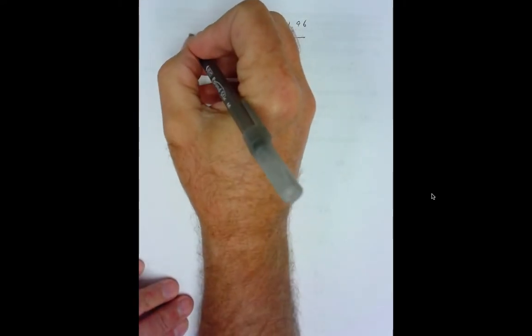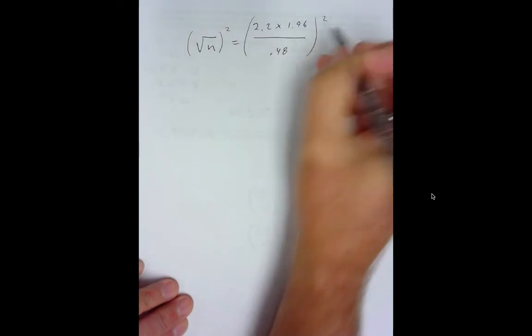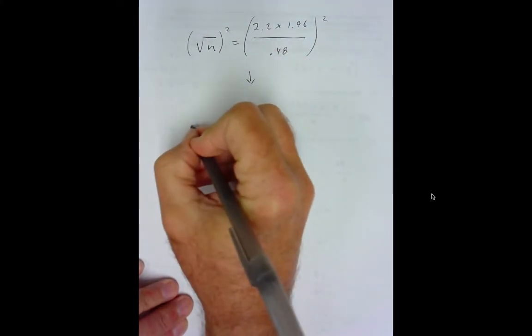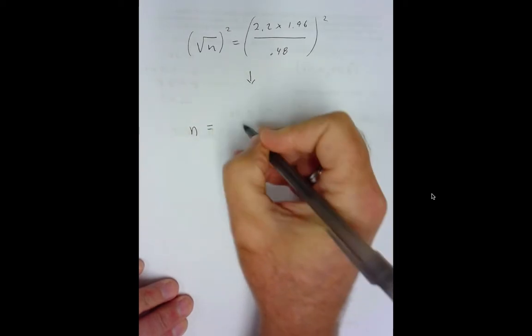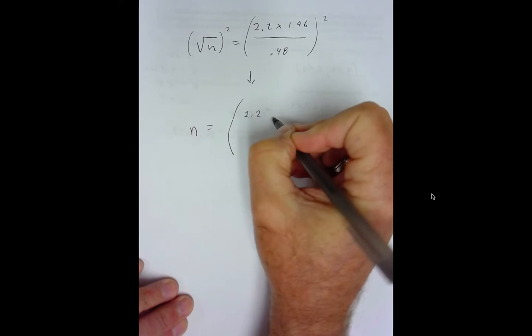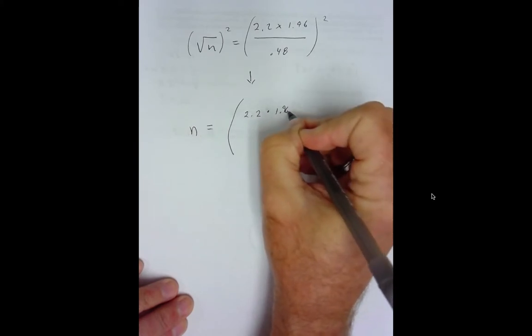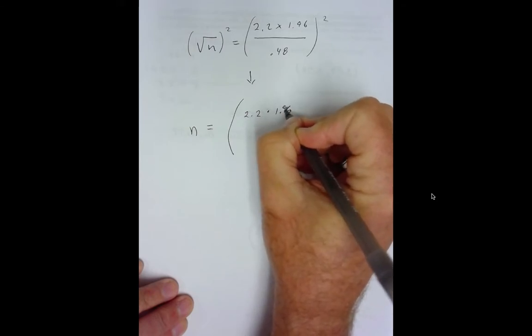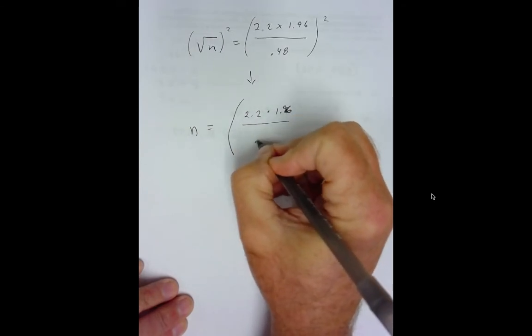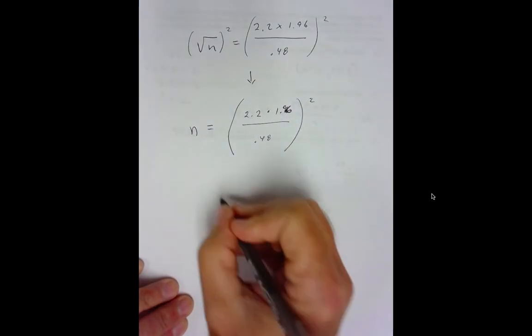Next thing I need to do is square both sides. So ultimately this comes down to n equals what? 2.2 times 1.96 over 0.48 quantity squared.